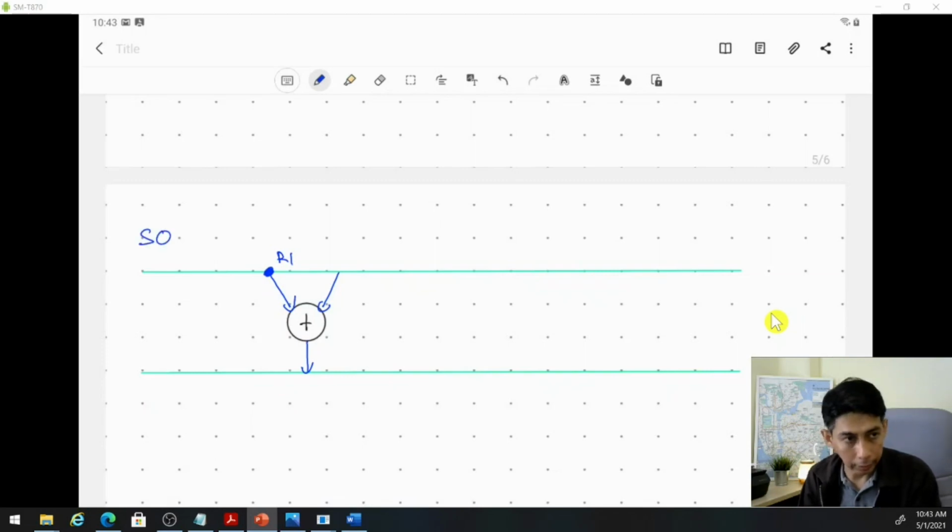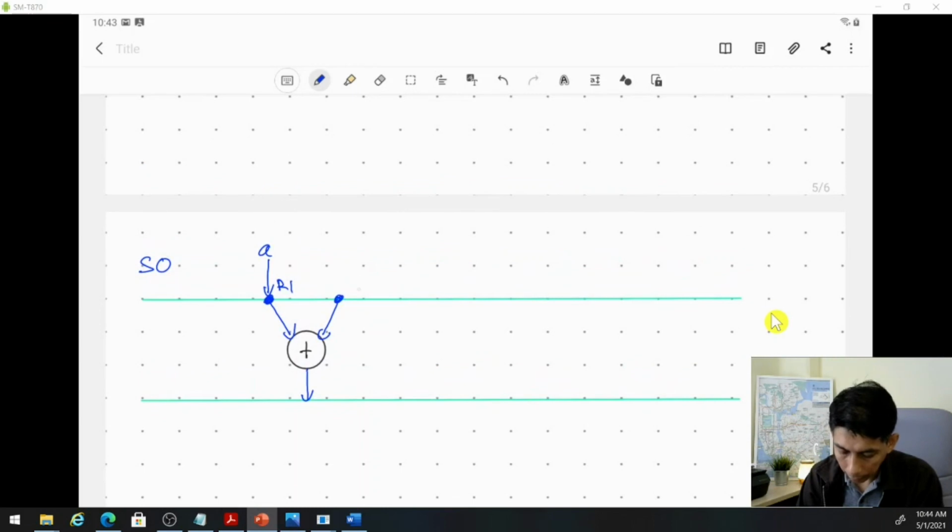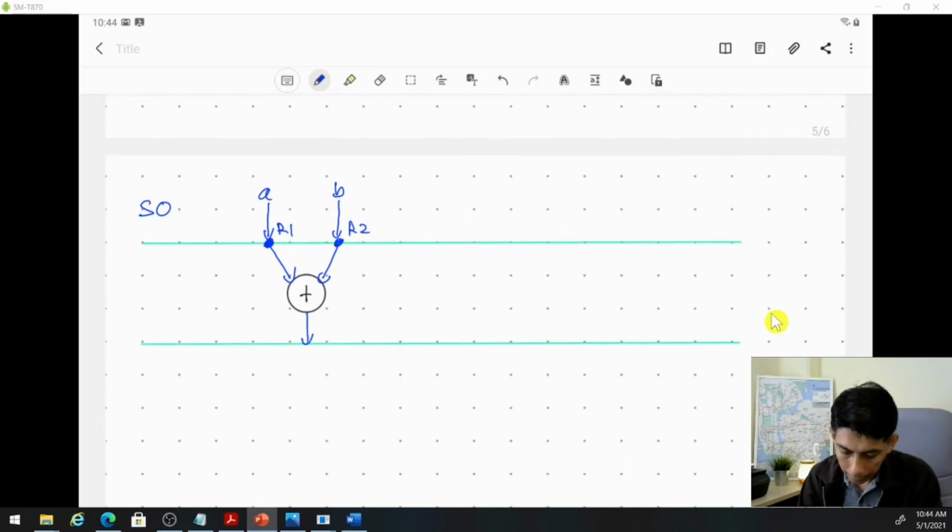Let's name this cycle 0, and we transfer A to R1, this one is R2, and we transfer B to R2, and we save the result of A plus B in R1.